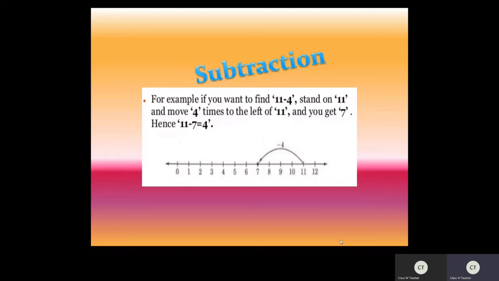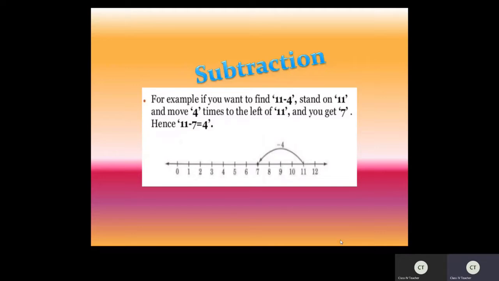So what is that? 11 minus 7. Just let us go on again, children. 11 to 10 one step, 10 to 9 second step, 9 to 8 third step, 8 to 7 fourth step, 7 to 6 fifth step, 6 to 5 sixth step, and 5 to 4 seventh step.